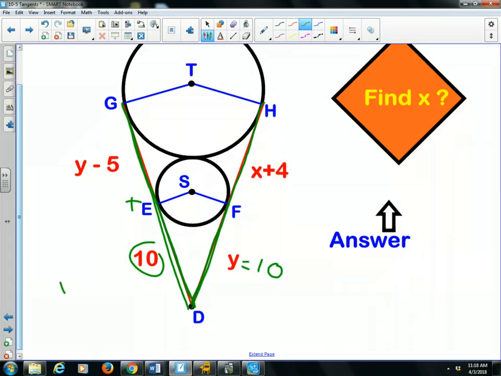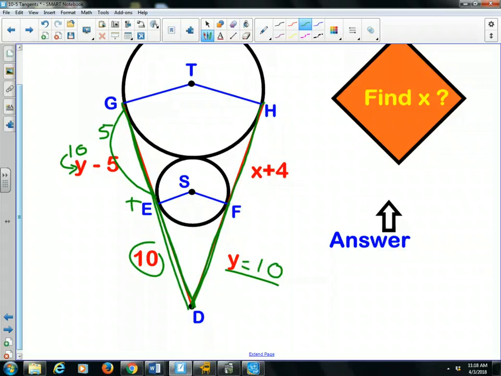So it would be y plus 5. If you take y minus 5 and add 10, you would get y plus 5. Shoot, I don't know what I was thinking there. I'm sorry. We already know what y is, right? Y is 10. So we could substitute 10 into that y, and so segment GE is 5 units.